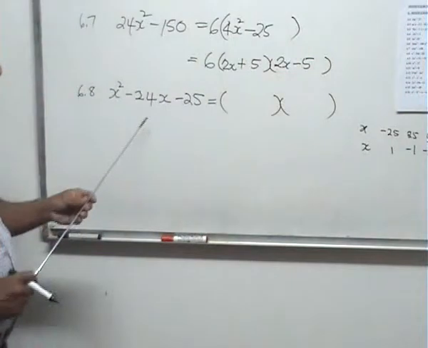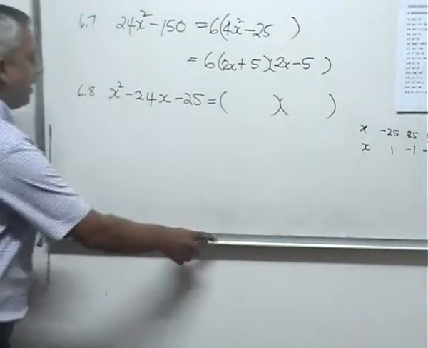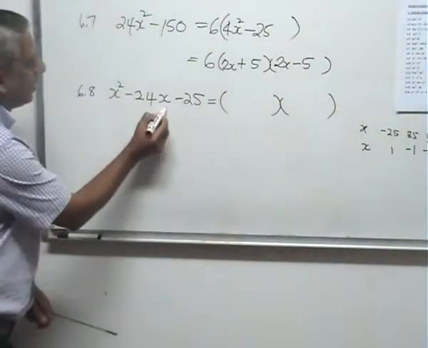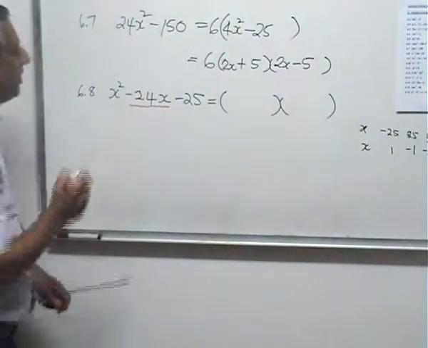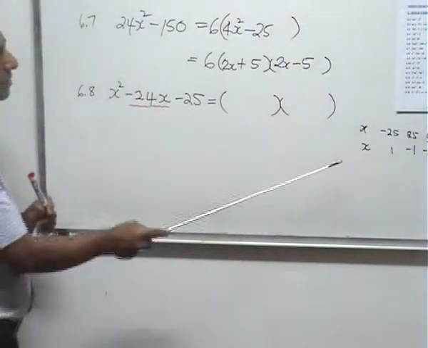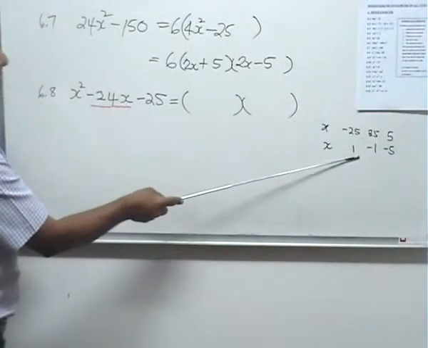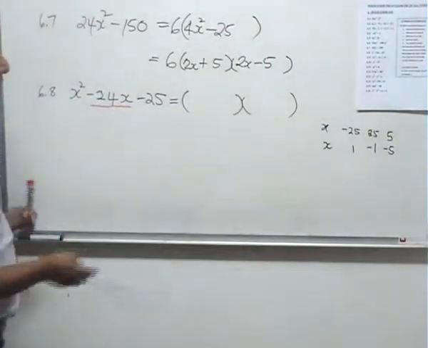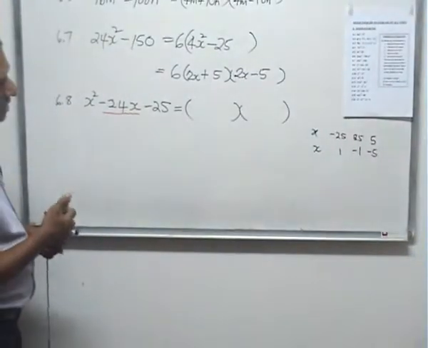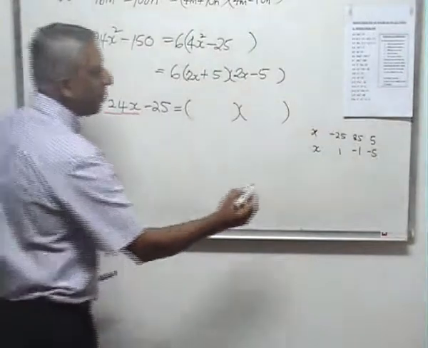Alright, so now you're looking at minus 24. You're looking here, you're looking here. You're asking yourself which combination here will give you minus 24. And then you realize it's going to be minus 25 and 1.